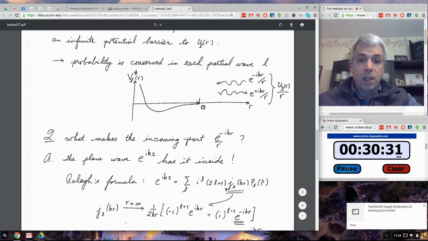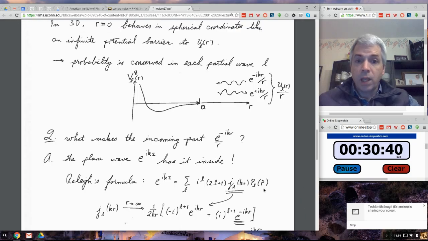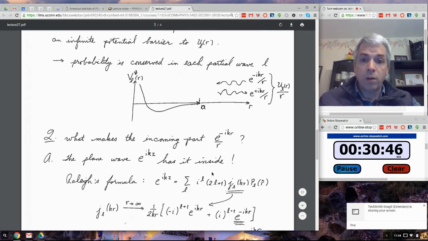Turns out that this is a good complete set in r, and this is a complete set in theta. And if I make a product between the two, then I can form a complete set in their joint distribution. And all that's left is to determine these coefficients that go along with the sum.